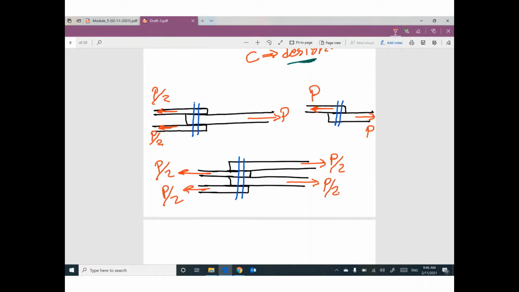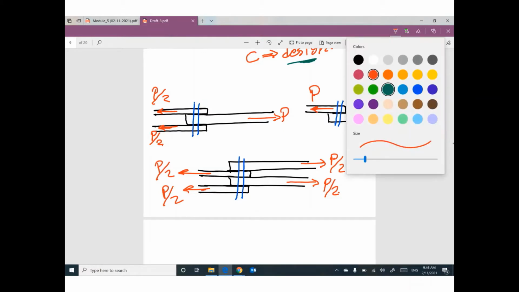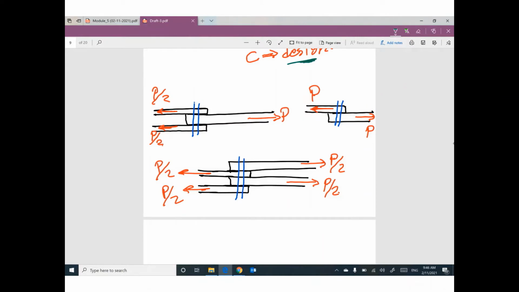So guys, what do you think? How many shear planes in this case? Only one. I'm sorry, what do you mean?